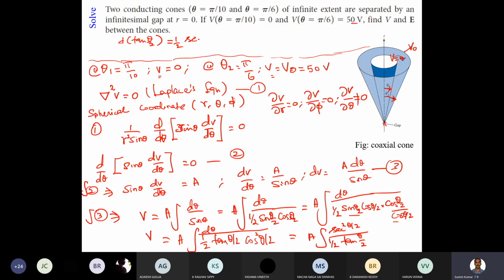The differentiation of tan will be secant square, right? So secant square theta by 2 into d theta.